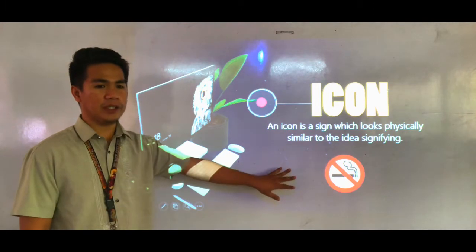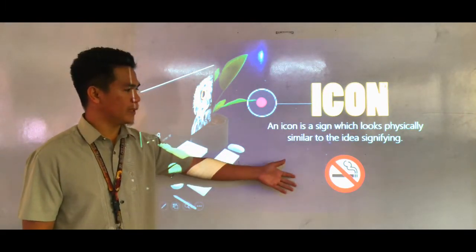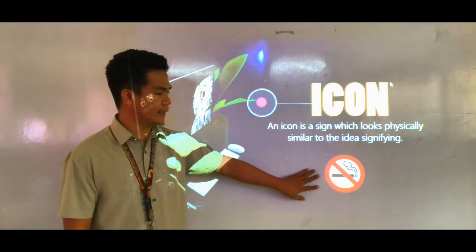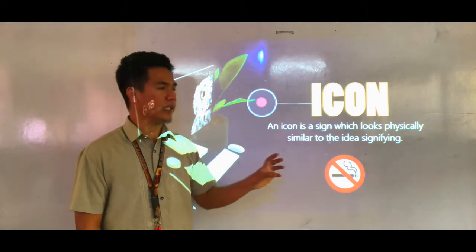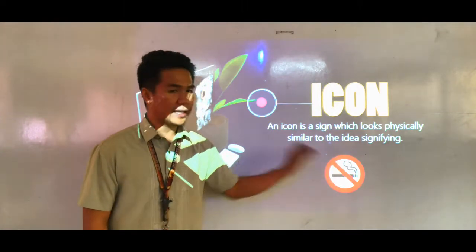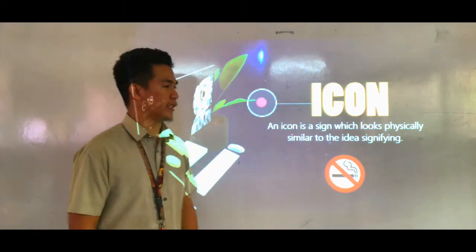For example, this one is an icon which looks physically similar to the idea signifying. So, ibig sabihin, di ba, this is no smoking. And then, may nilagay silang icon ng cigarette. And ibig sabihin, yung X na red na ganyan, no smoking.